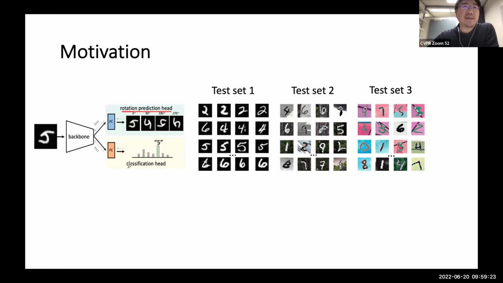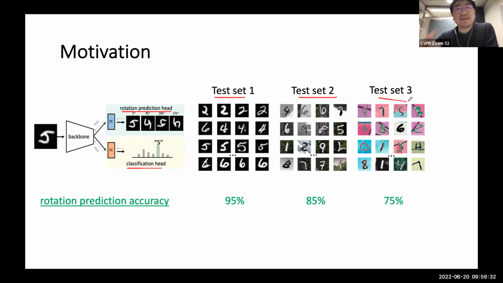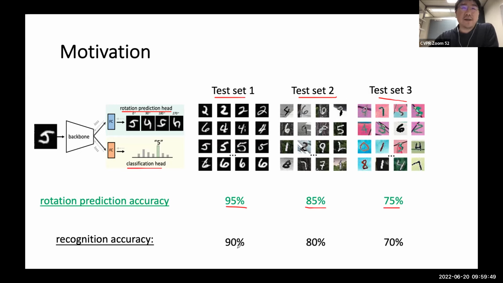Suppose we have test set 1, test set 2, and test set 3. What we found was that the rotation prediction accuracy from 1 to 3 drops: 95, 85, and 75. Correspondingly, the digit recognition accuracy also drops, from 90% to 80% to 70%. So you can see they go together.